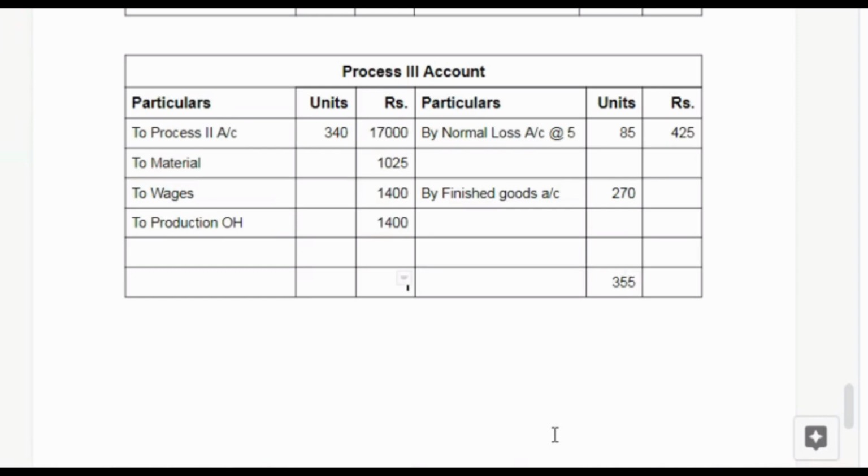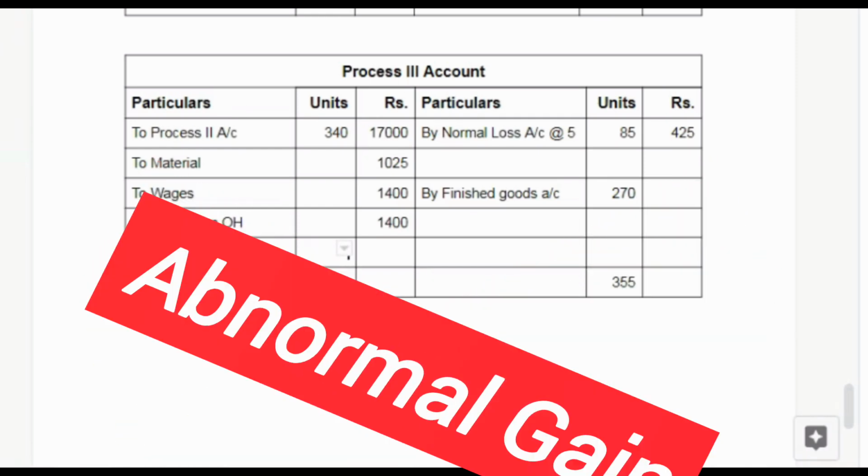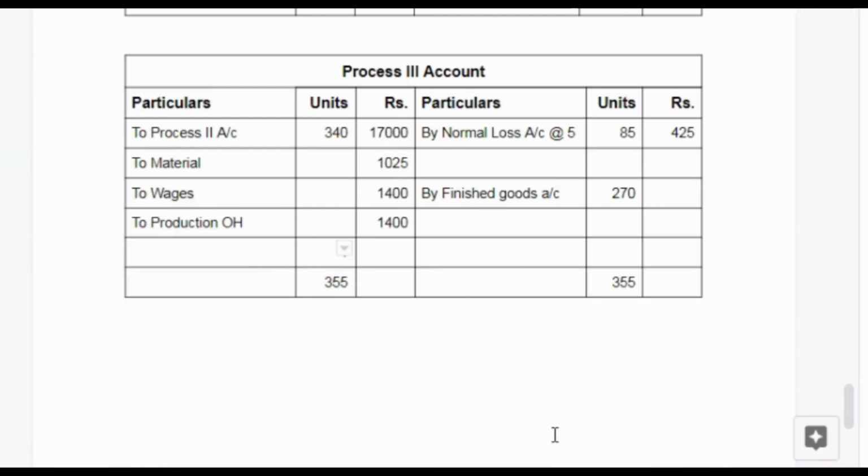And if the credit side total is more, and you find the difference on the debit side, that is known as abnormal gain. So here abnormal gain has come, that is 15 units. It is an abnormal gain of 15 units. That is also known as effective gain. So effective production or abnormal gain or abnormal production, abnormal gain, effective gain.